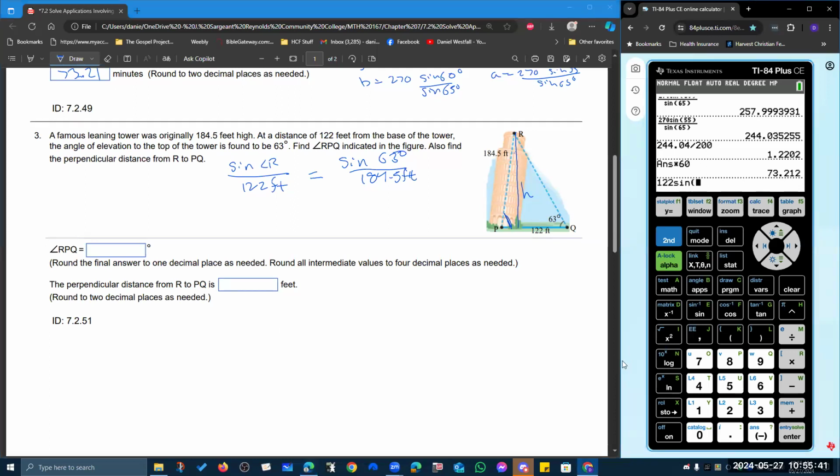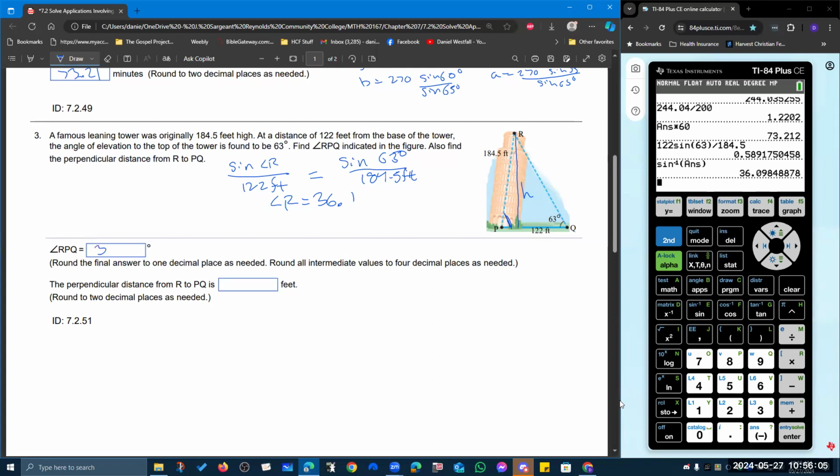We have 122 sine of 63 divided by 184.5, and the inverse sine gives us a valid angle. That answer gives us that angle R is 36.1 degrees.